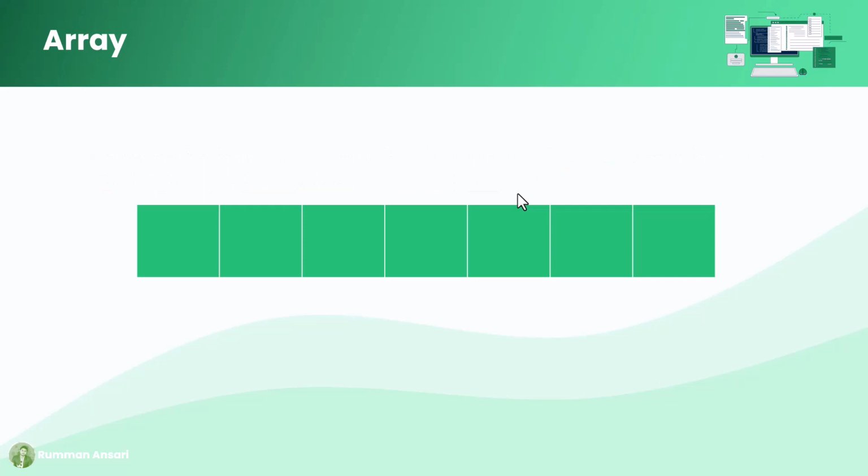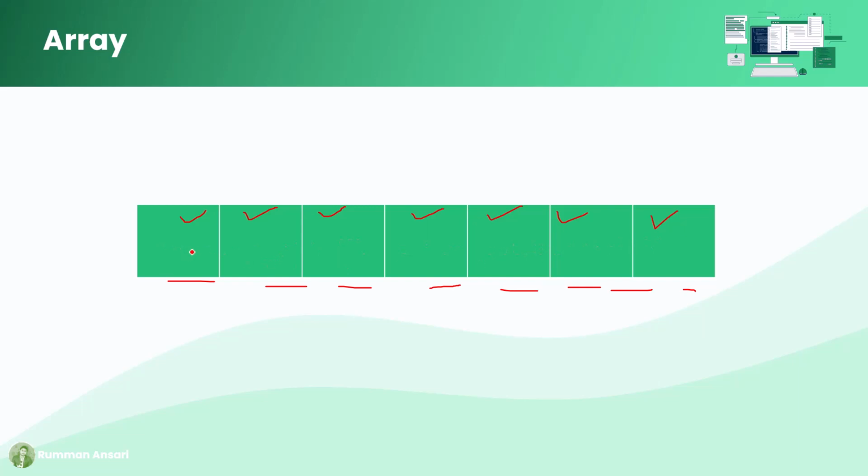Here in this picture you can see that we have blocks like this one, or we can say these are cells. Inside all these cells you can insert your data. For example, if you want to store the roll numbers of students, then you can store 1 2 3 4 5 like this.